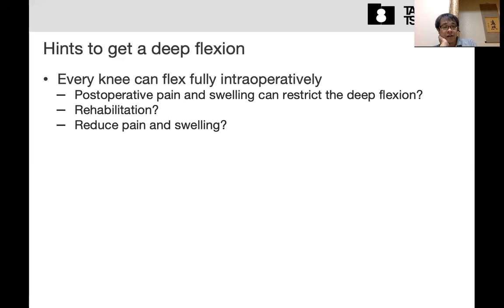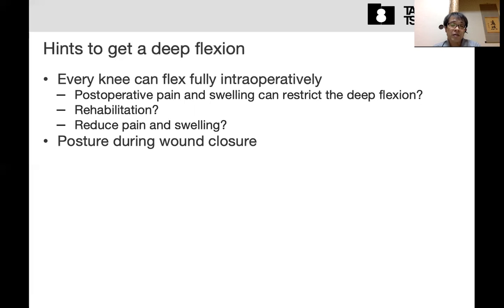That is another solution to get the deep flexion. If we can completely control postoperative pain and swelling, the patient can get more satisfied deep flexion after the operation. But I don't know how to achieve that.